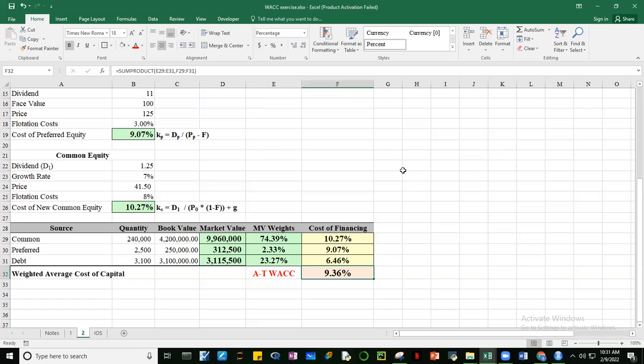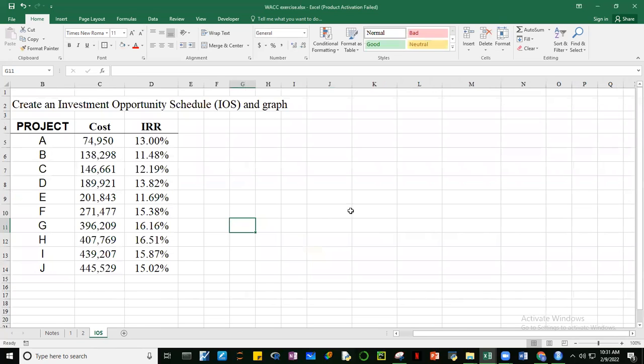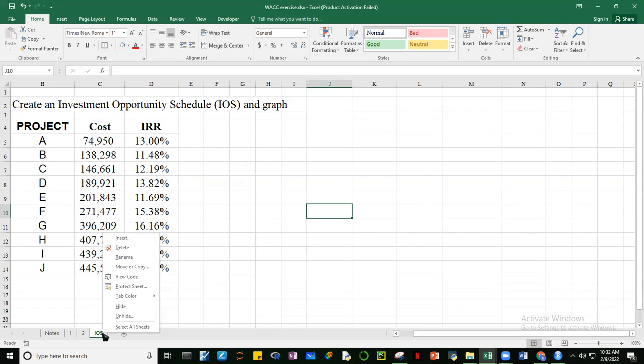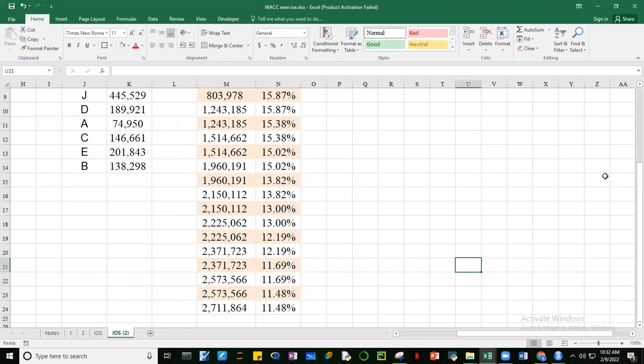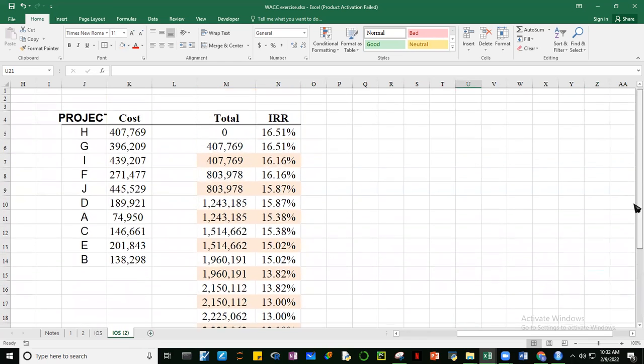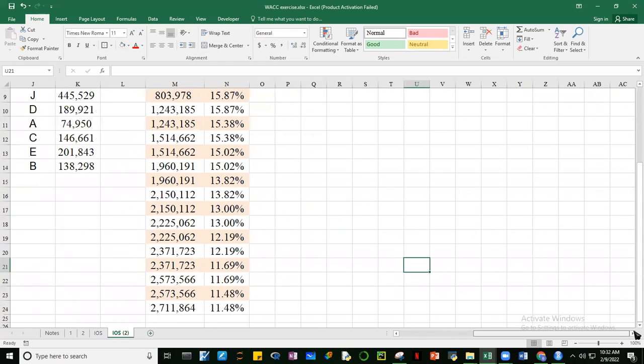All right. So lastly, guys, ito, investment opportunity schedule. Ito, guys, may hinide ako dito, no? So click IOS, click it and then unhide. Kikita itong IOS 2.